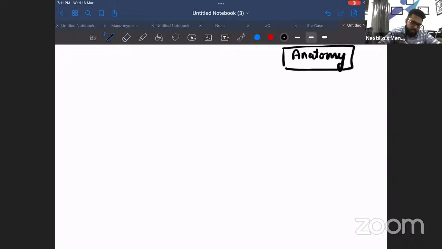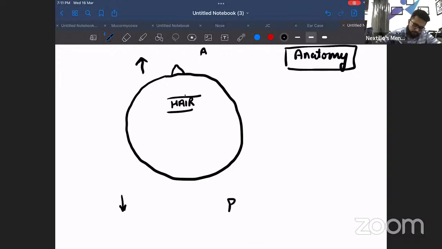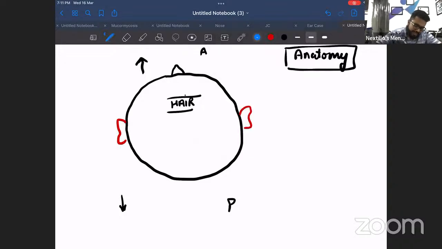So in our body, if I am drawing the head, if this side is the nose, this is the top view, you are looking at the hair, the head of a person. If this is anterior and this is posterior, the ears will be somewhere here, right? The pinna is located over here, the external auditory canal will be somewhere here, though it will not be straight.